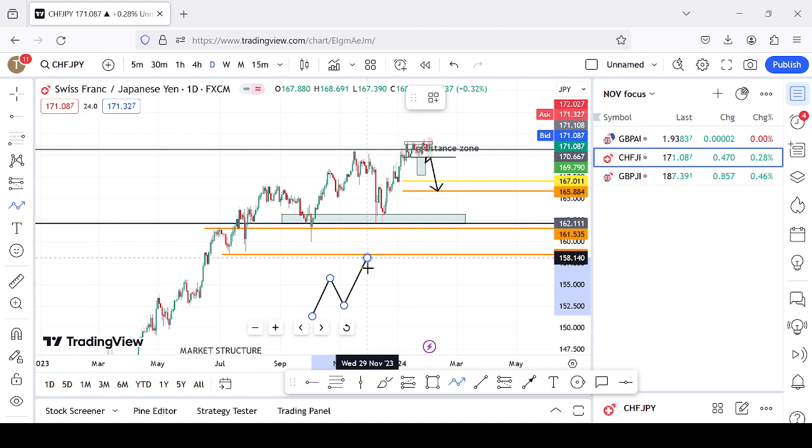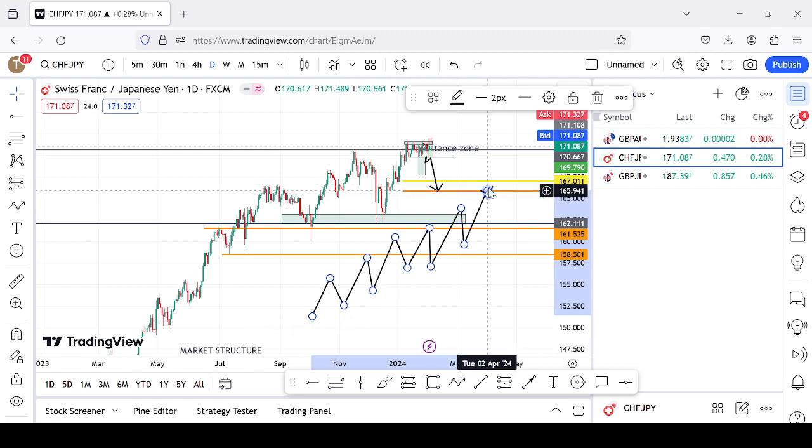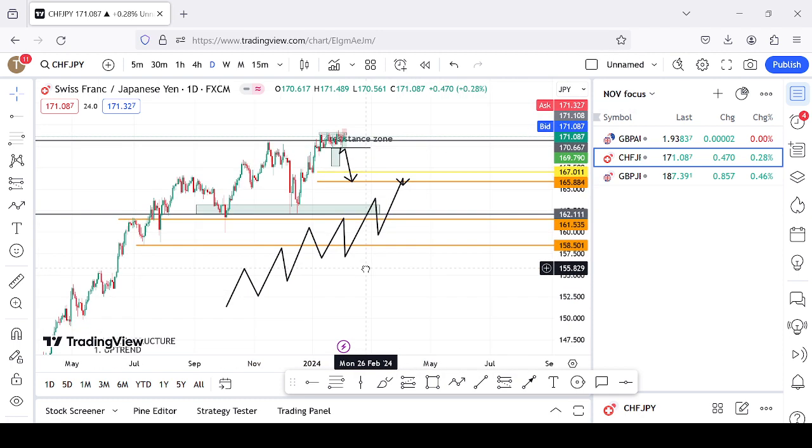So this is a high, came down, another high, another high. This is an uptrend market. It can even come down there, but it shouldn't break this low. If it breaks the low, the trend might change. So this is an uptrend market.